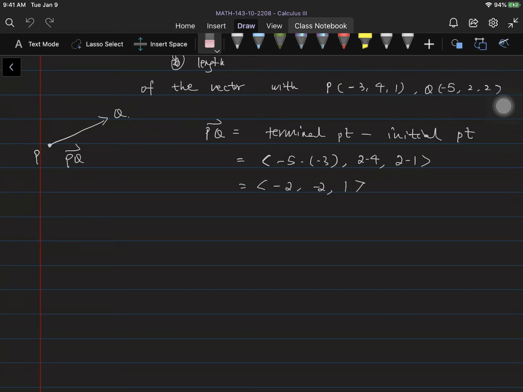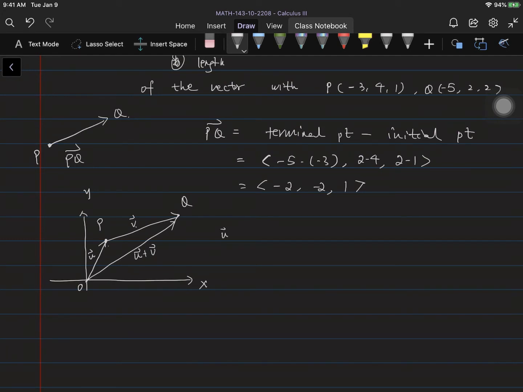So why do we do it this way, always using the terminal point minus the initial point? I'm going to show you in 2D. If we have two points P and Q, and here's the vector we are looking for, and if we connect the origin and P, we get vector OP and vector OQ. If we say this is vector U and this is vector V, then U plus V is the OQ vector. The PQ vector is also the V vector.